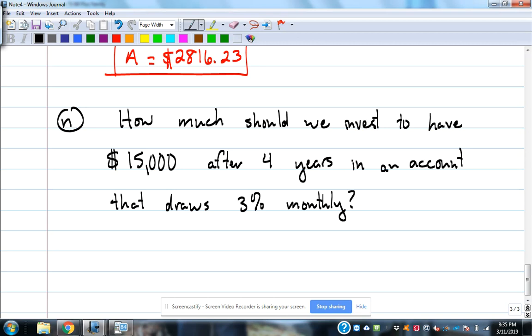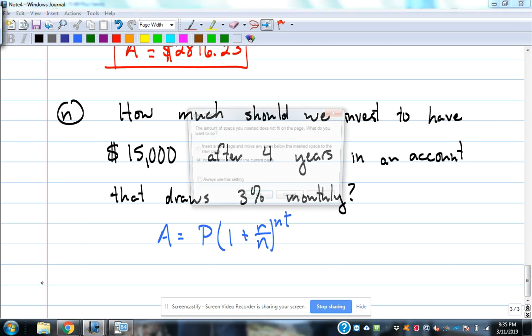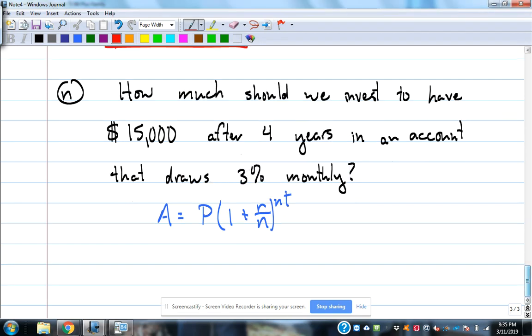How much do we invest? What are we looking for from our formula? Our formula, remember, P parentheses 1 plus R over N to the NT. What part do we not have? The principal investment.